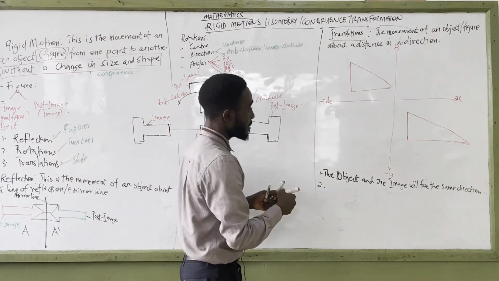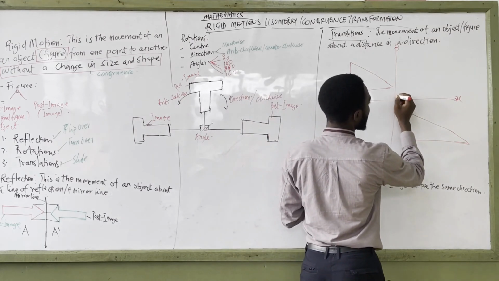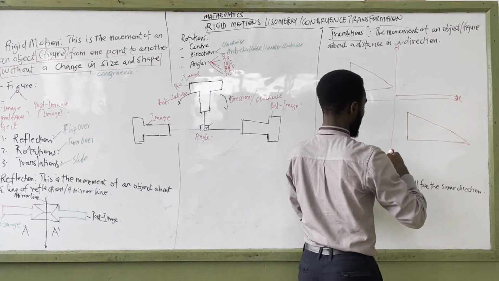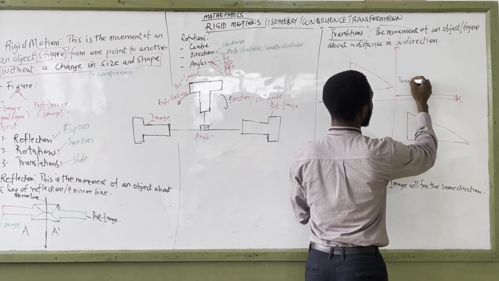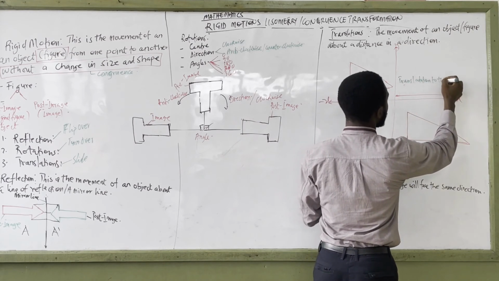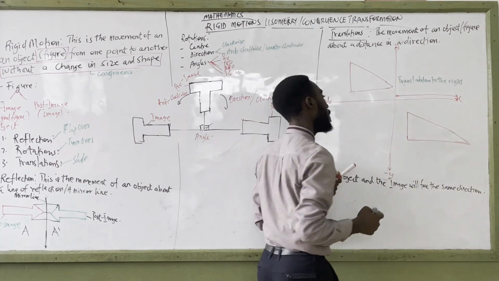So number two, we would have translation to the right, translation to the left. We would have translation to the right, so this way, and it's going to be positive.